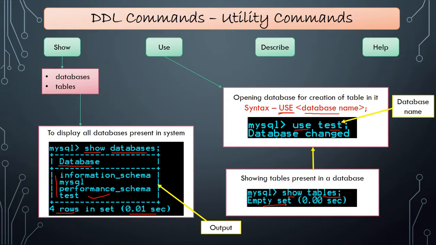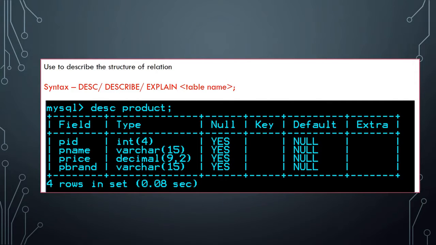Now the next command we have is describe, or DESC. When we create a table in our system, we need to describe the structure of the table. For displaying the structure of that relation or schema, we use the command DESC.